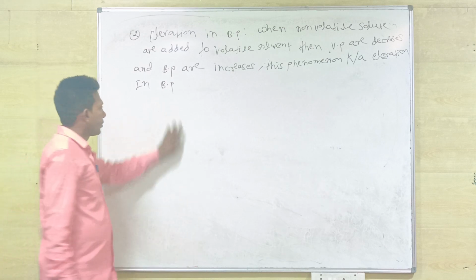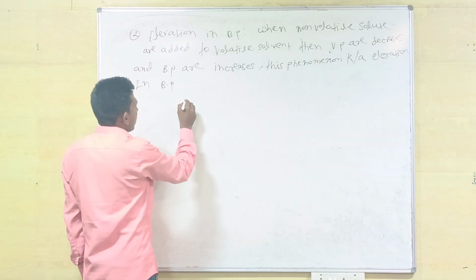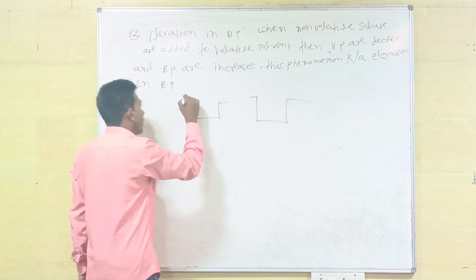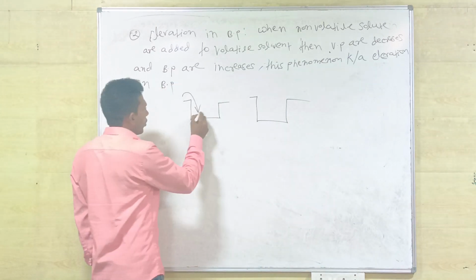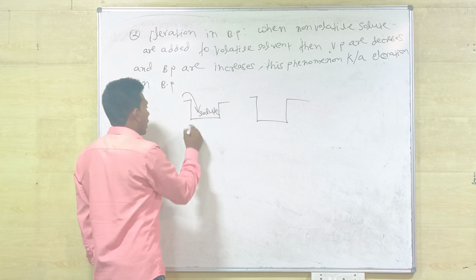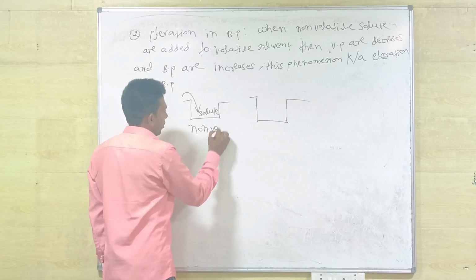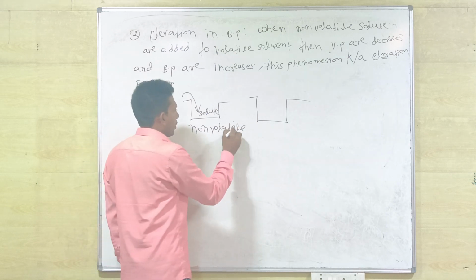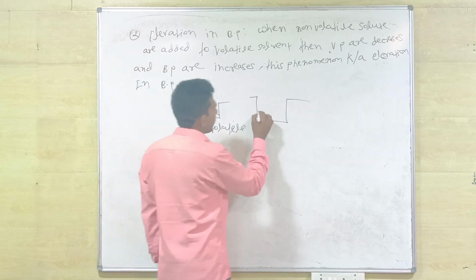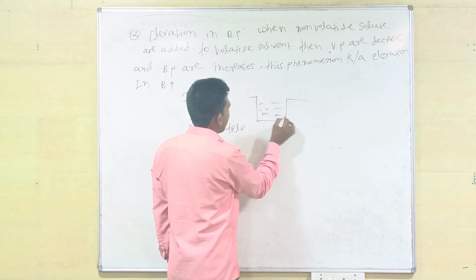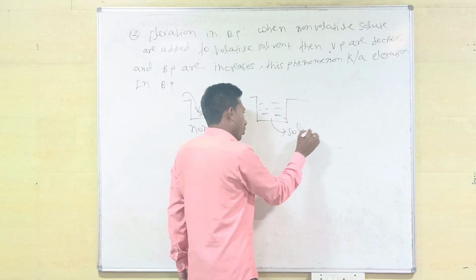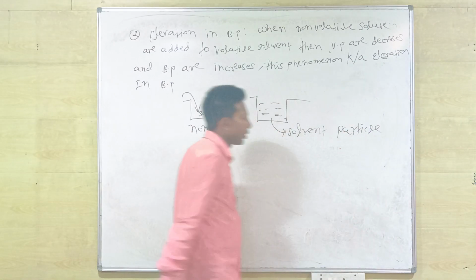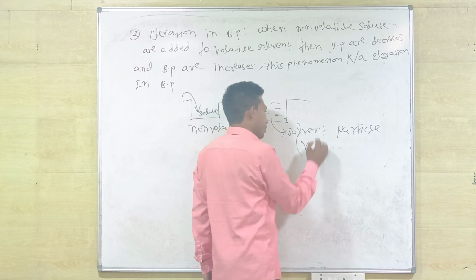Now, try to understand it through a figure. Consider we have two containers, the first having solid particles which are non-volatile, and the second container having solvent particles which are volatile.